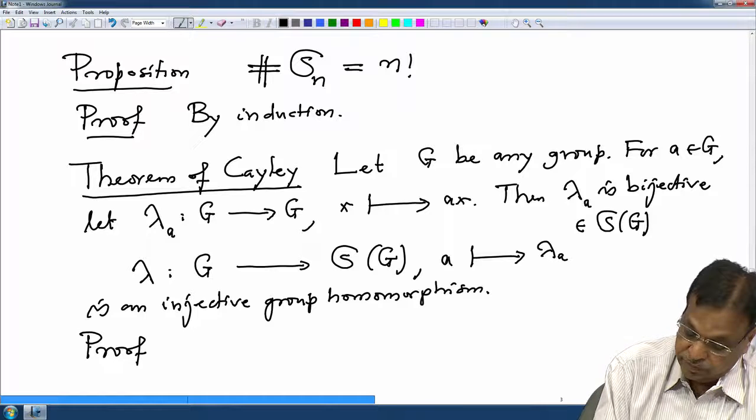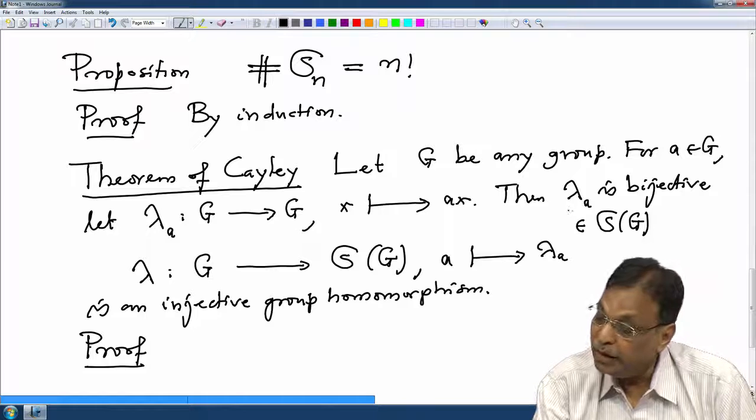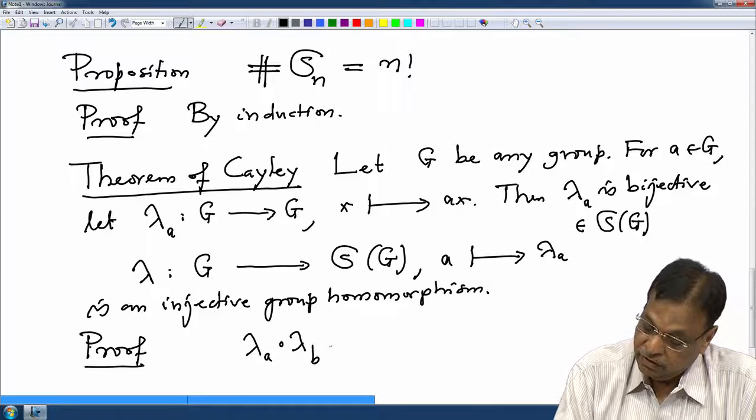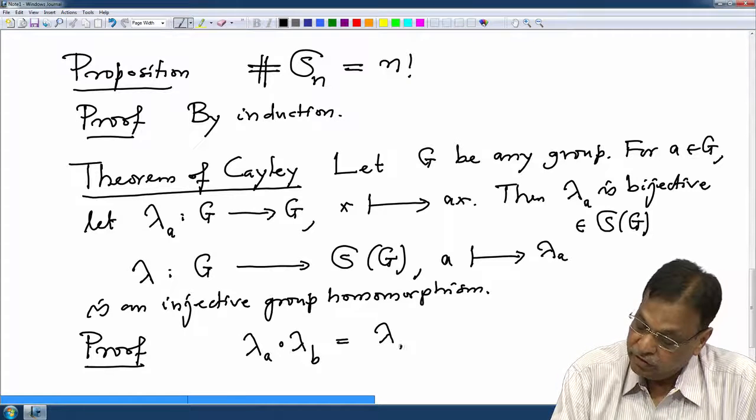Proof. First of all, I have to prove that lambda A is bijective. But note, if I take lambda A composed with lambda B, this is nothing but lambda suffix AB.